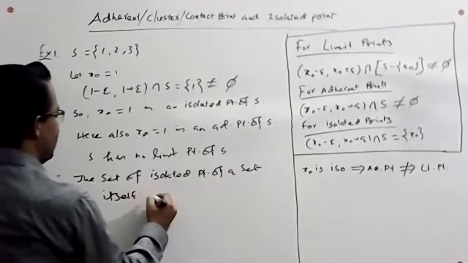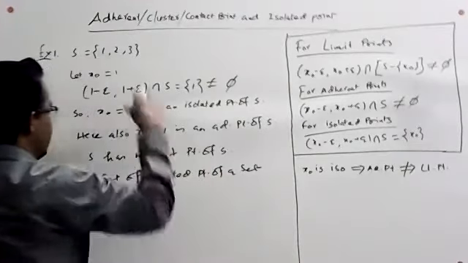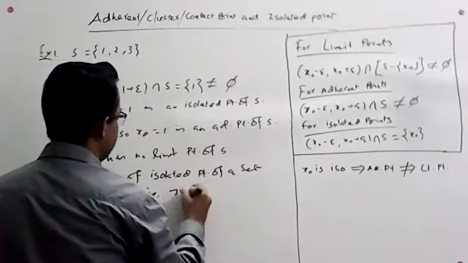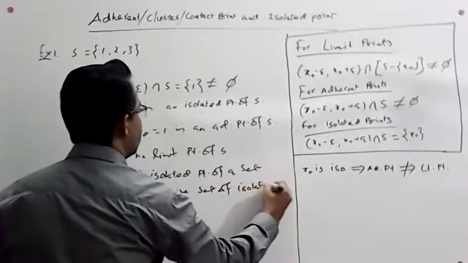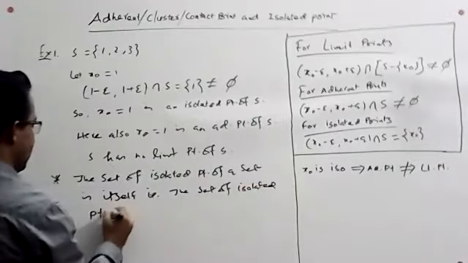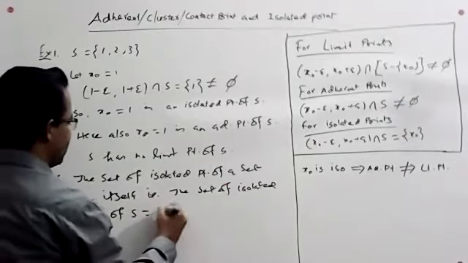That is, the set of isolated points of S equals S.